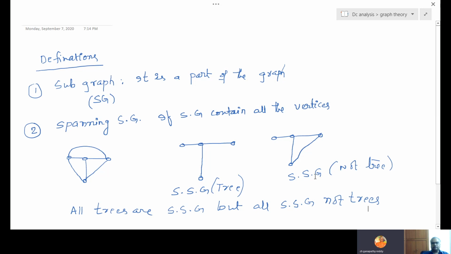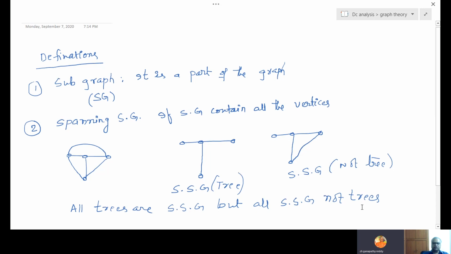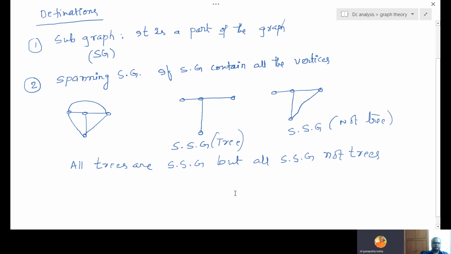So this spanning subgraph is not a tree. All trees are spanning subgraphs. Every tree is a spanning subgraph, but all spanning subgraphs are not trees. Some are trees. Right. So this statement is important.